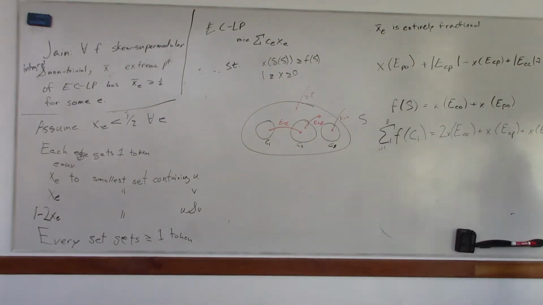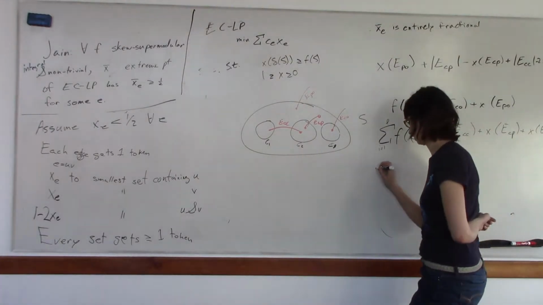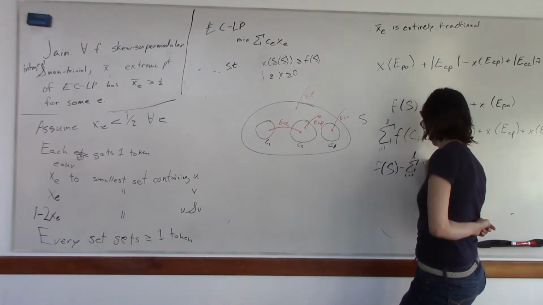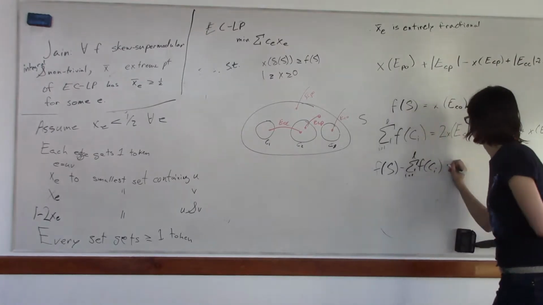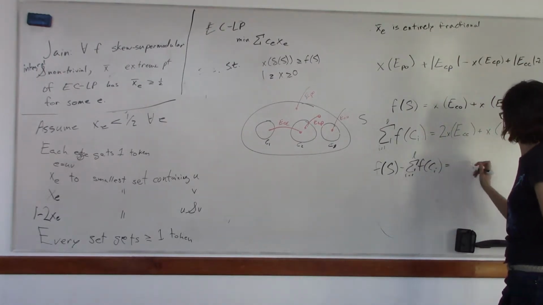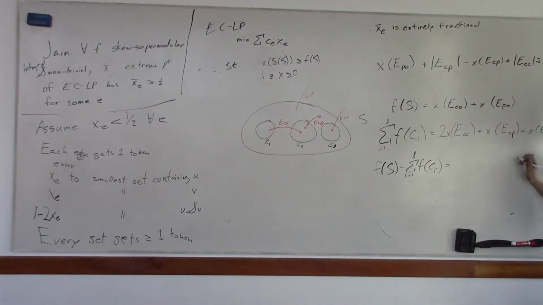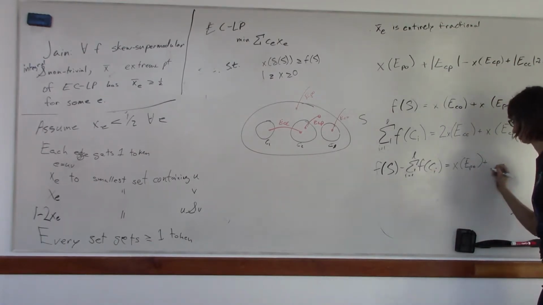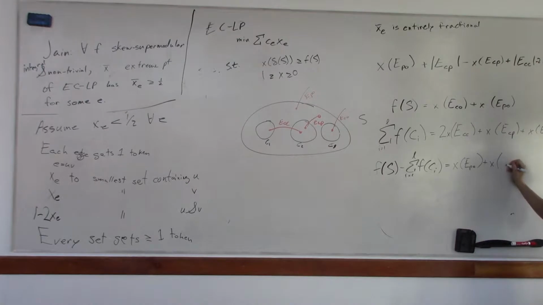All right. So now I'm just going to take the difference of these two. So I get f of S minus the sum for i equals 1 to L of f of C_i, which equals, well, these two terms cancel, x of E_PO plus x of E_CP plus 2x of E_CC, minus x of E_CC.